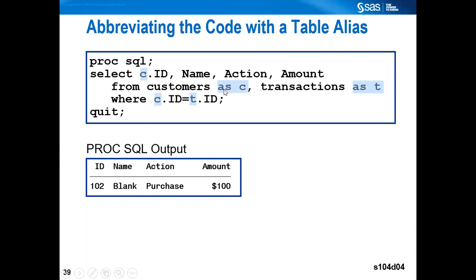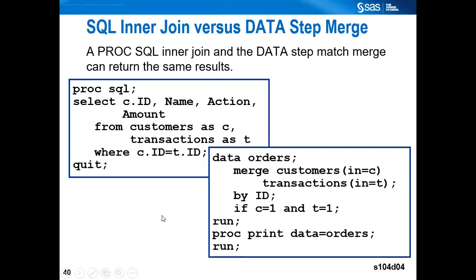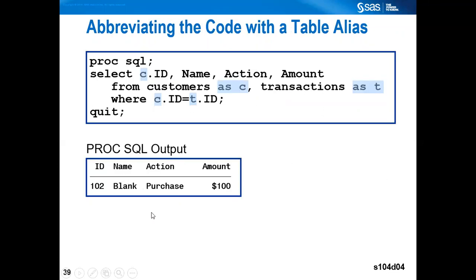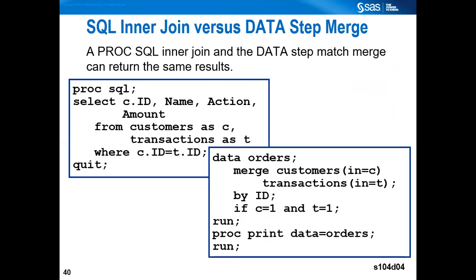Hence you write customers as C in your from clause, combined with transactions as T, with table names separated by a comma. In your where clause and select statement you write C dot ID is equal to T dot ID. This is where you get only the matching rows, which is also termed an inner join.